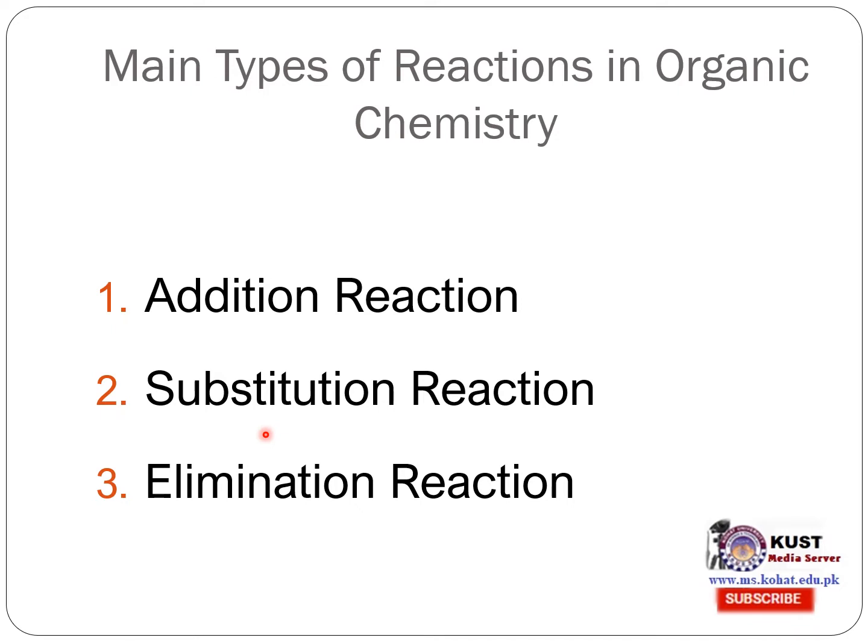In addition reaction, a group of molecule is added to a substrate, that is an organic substrate, and that organic substrate must be unsaturated. It means that there must be at least one double or triple bond present in that organic substrate for the addition to occur.